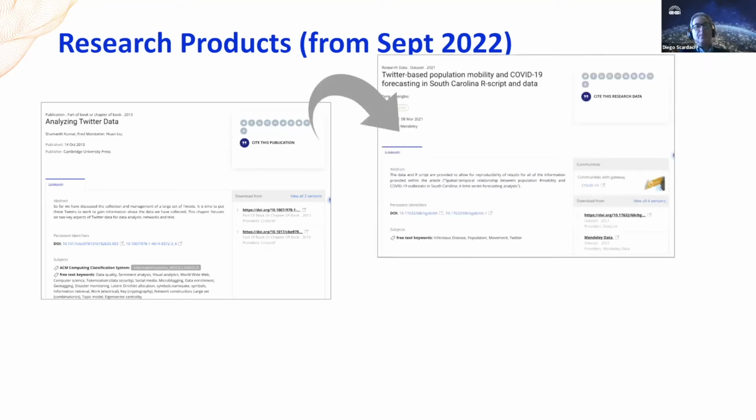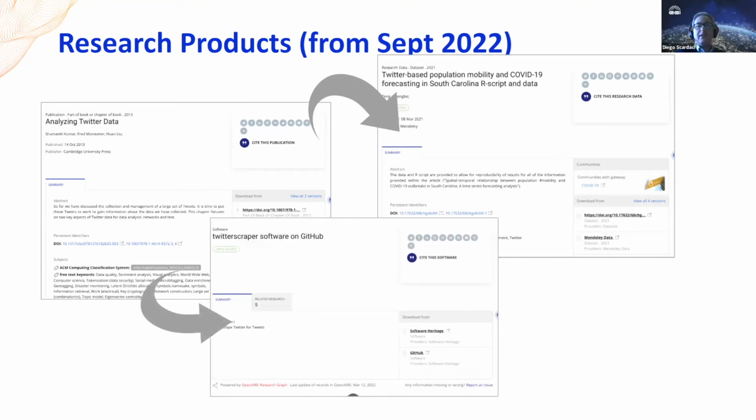For example, the publication on analyzing Twitter data refers to a dataset about Twitter-based population mobility during the COVID-19 pandemic. In addition, this publication can also be connected with some software, for example, to perform some analysis on the dataset linked to the publication.